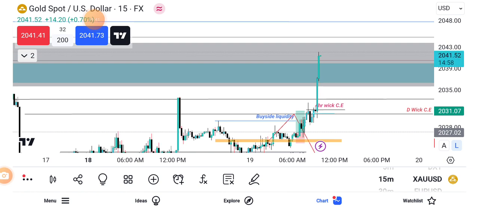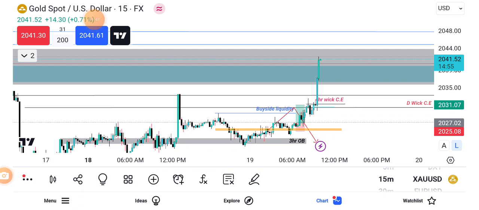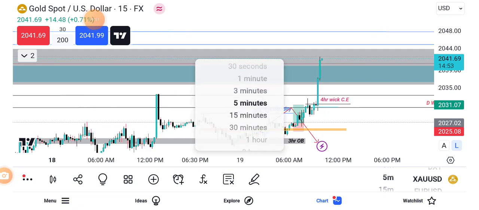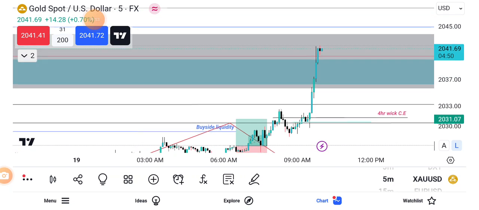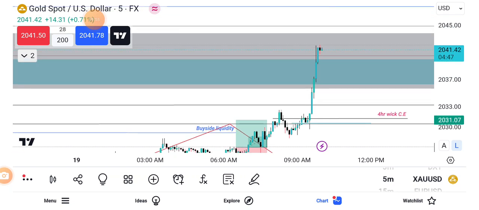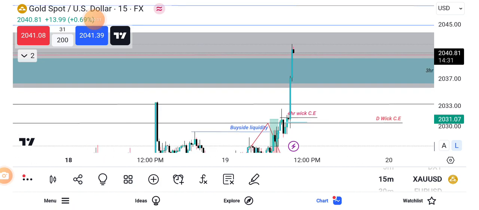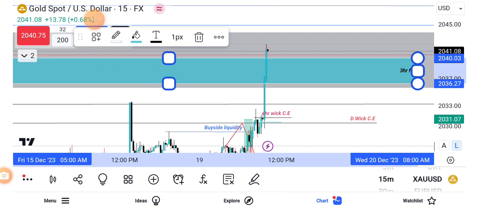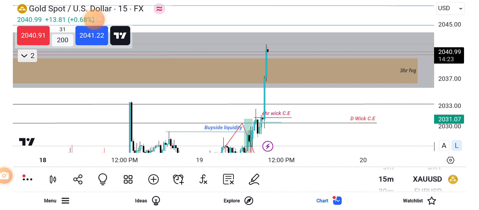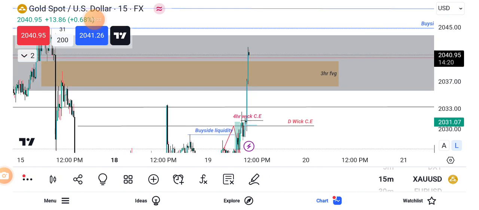I'm looking for entries higher to this zone, to those 2 buy side liquidity zones. And I want to see this, it's no longer, it's now an inversion fair value gap.